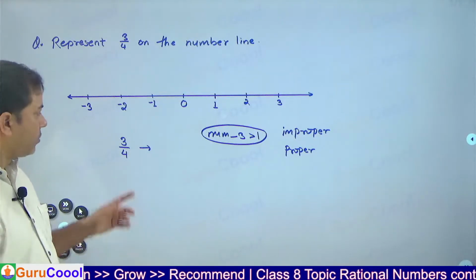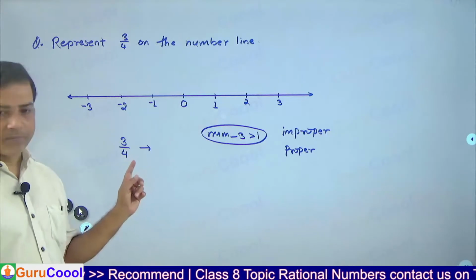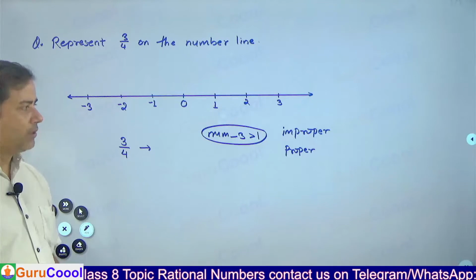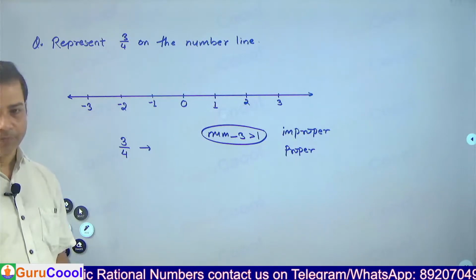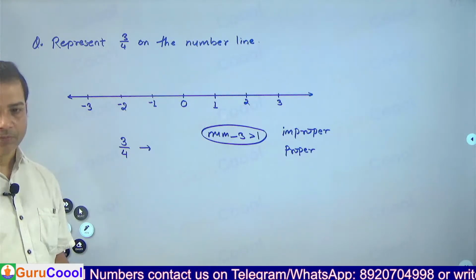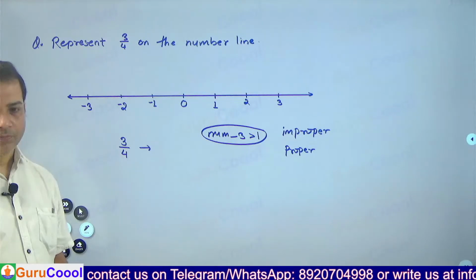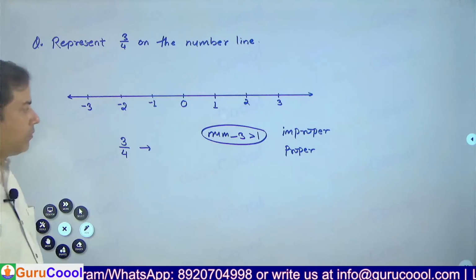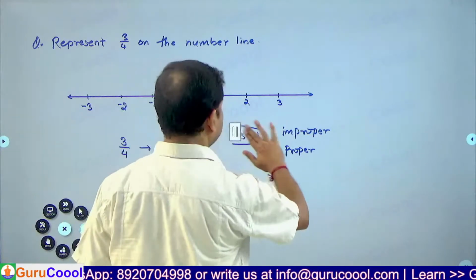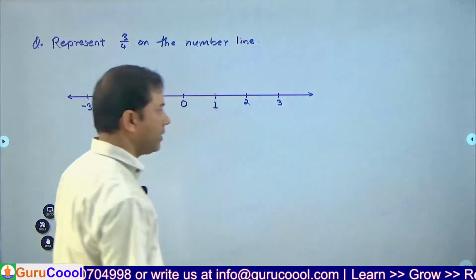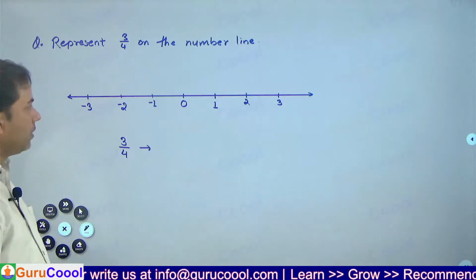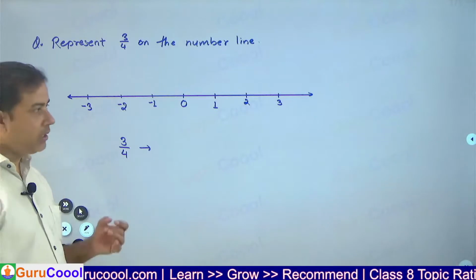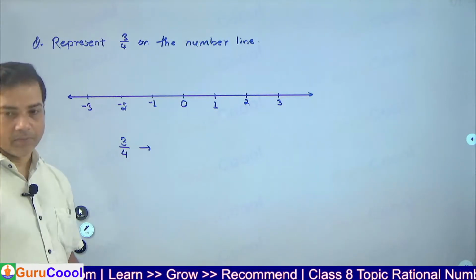And you said this is improper, right? Yes, sir. You did not say the definition of improper and proper. It's very sad to hear this type of response from you. You have studied this in the case of fractions.